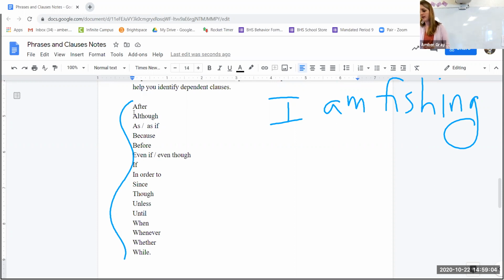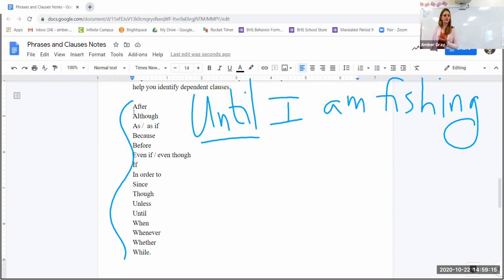So if I were to say until, this dependent marker word now changes my independent clause into a dependent clause. And you can try it out with any one of these words. There are lots of dependent marker words, but they go at the beginning of a clause, a dependent clause, and they really are what takes an independent clause and turns them into dependent clauses. Okay, so that is the lesson.